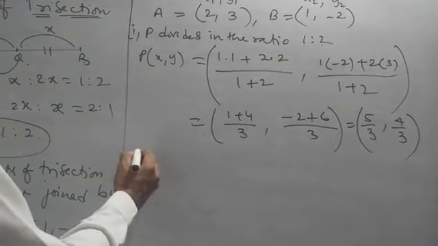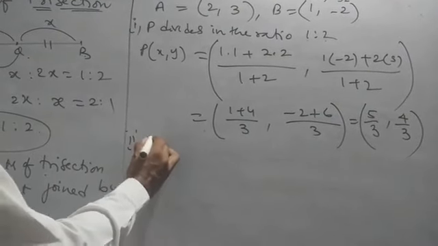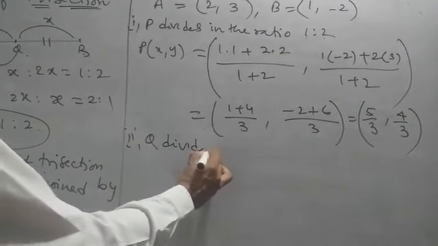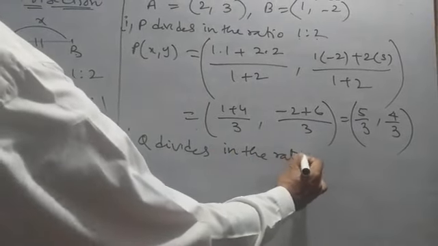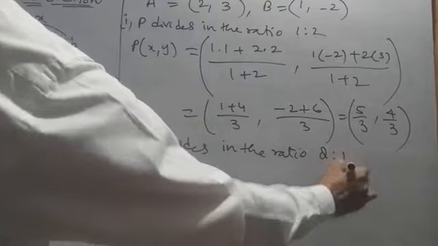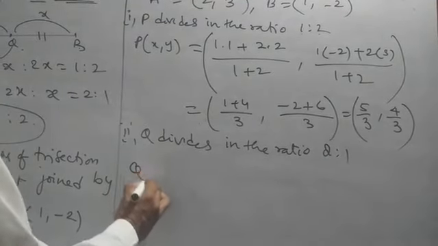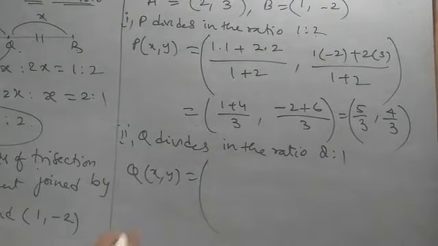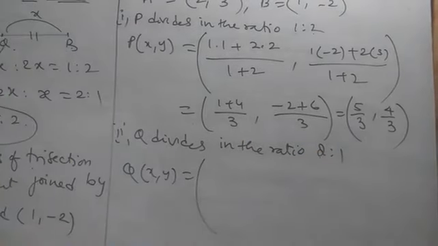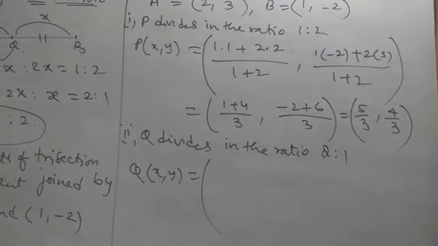Similarly, second case, Q divides AB in the ratio 2:1. Therefore, Q of x comma y equals, in place of m now substitute 2, in place of n substitute 1.